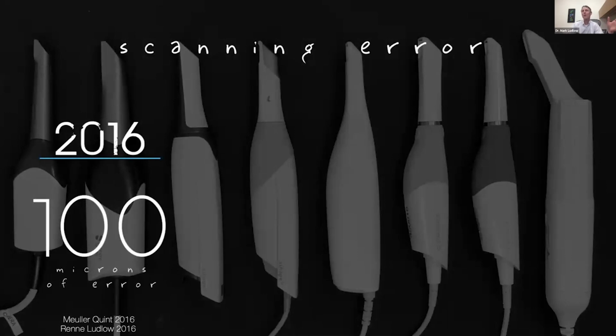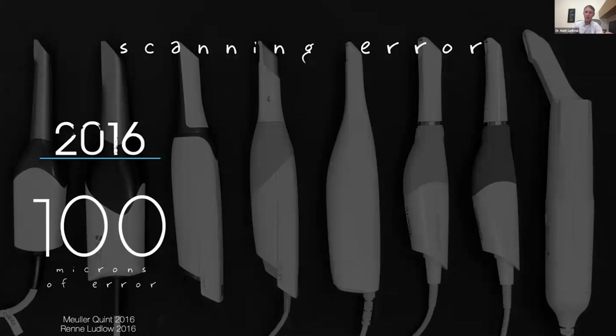And what we saw was, for some random reason, we were scanning a model, the same person scanning the same model, and this scan was great on trial 1. Trial 6, it was 150 microns off. Trial 7, it was 30 microns on. Trial 8, back to 150. And we found that there was a big error issue completely driven by how you scan.